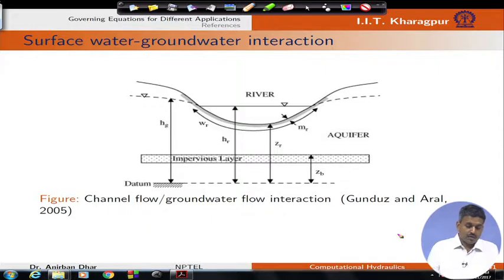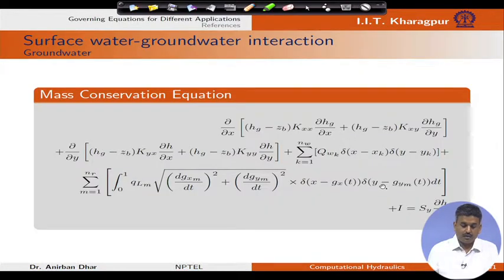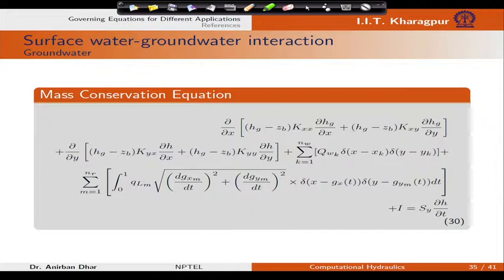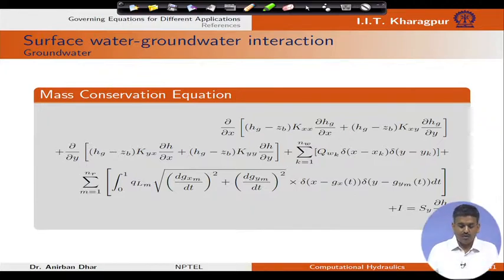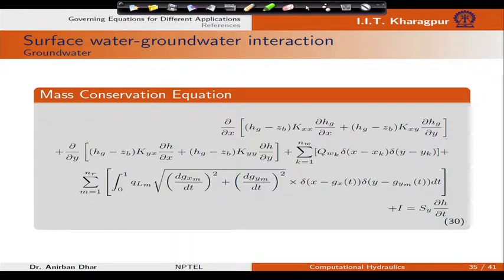So, with these variables we can define our mass conservation equation, combining our Darcy's law. We can write it.